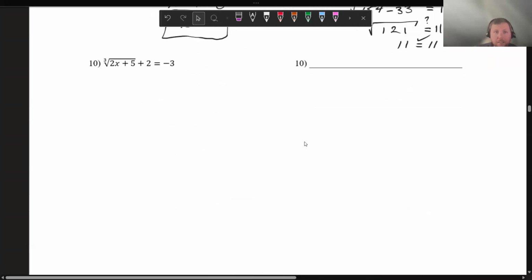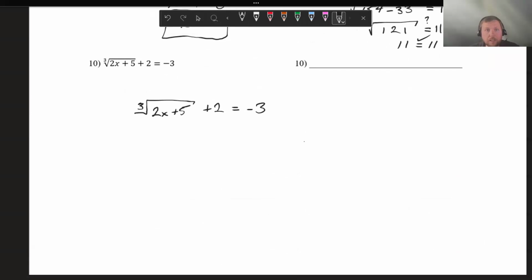Okay, next I have the cube root of 2x plus 5, plus 2 is equal to negative 3. So I want to get the radical by itself. I'm going to subtract 2 from both sides.